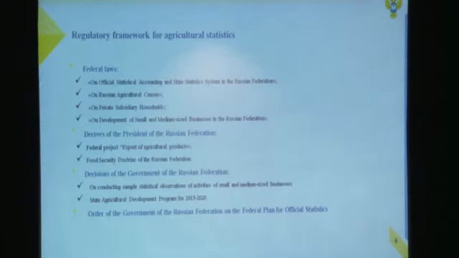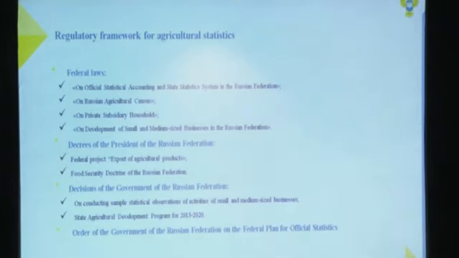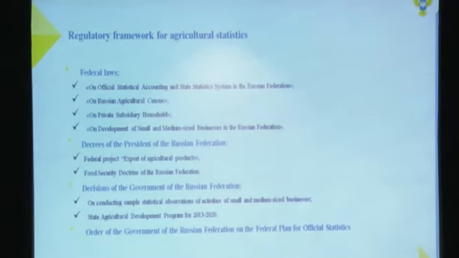These are federal laws on official statistics, on agricultural census, on private subsidiary households, on small business development, as well as presidential decrees and government resolutions presented on this slide. And of course, the federal plan of official statistics, which is updated annually by the government.